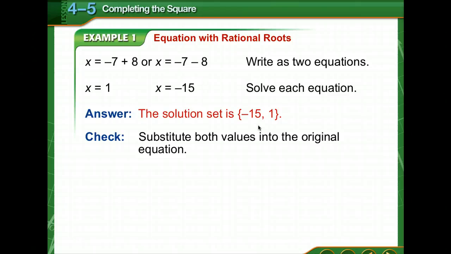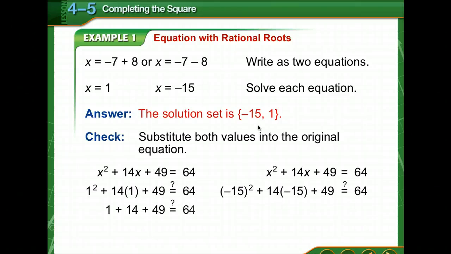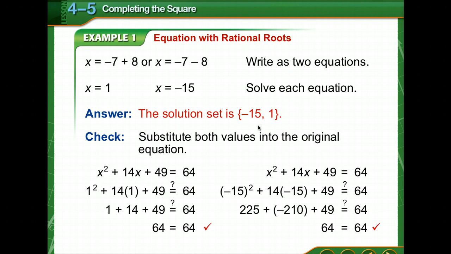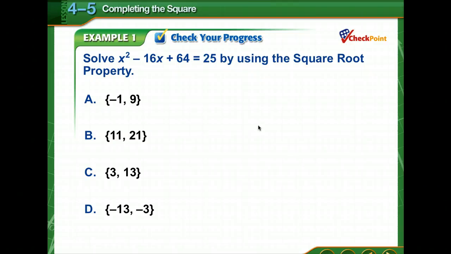To check it, we're going to substitute both values into the original equation. And we end up with 64 is equal to 64 on both sides. Excellent. Why don't you check your progress? Solve this trinomial by using the square root property.